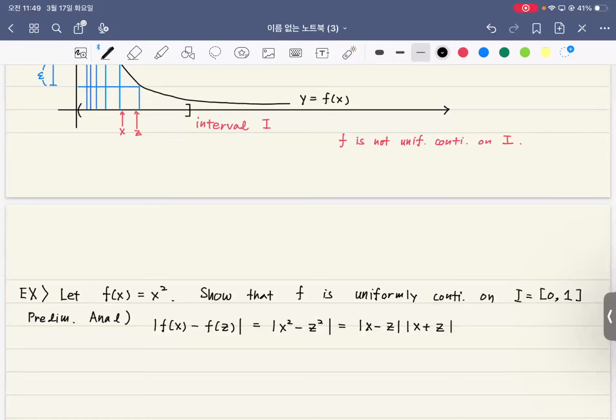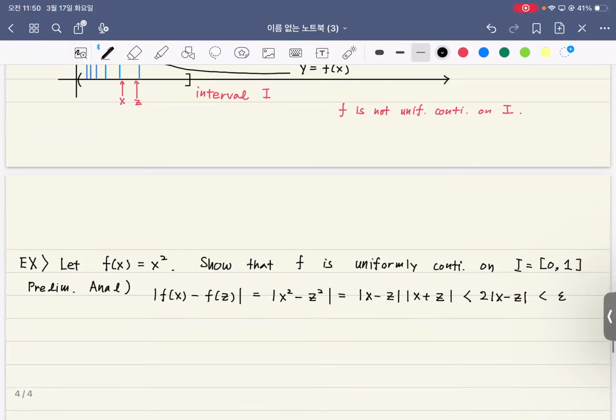So this is at most 2 times the absolute value of x minus z, and we want this to be less than epsilon. Therefore, our delta must be epsilon over 2. Right? Okay. Good. Time for a proof.